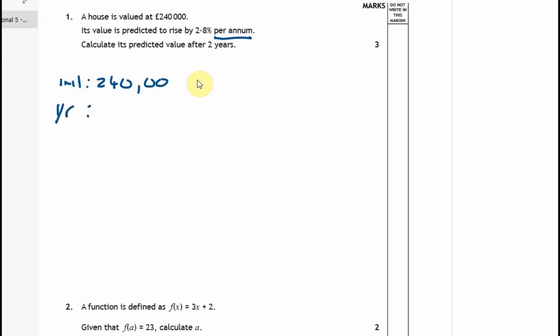Well, it's going to be equal to 240,000 times 1.028. And in year two, it's going to be that number. So let's work that out.